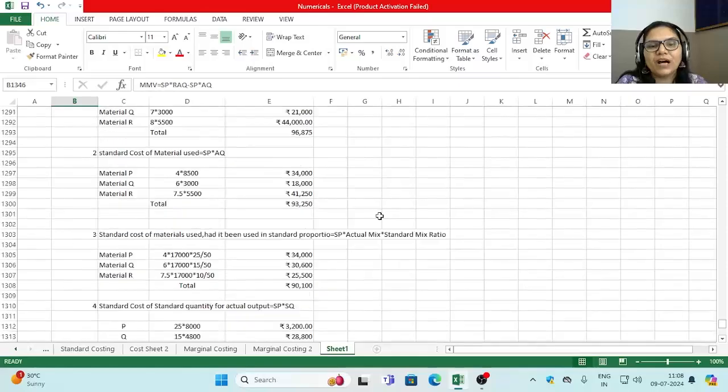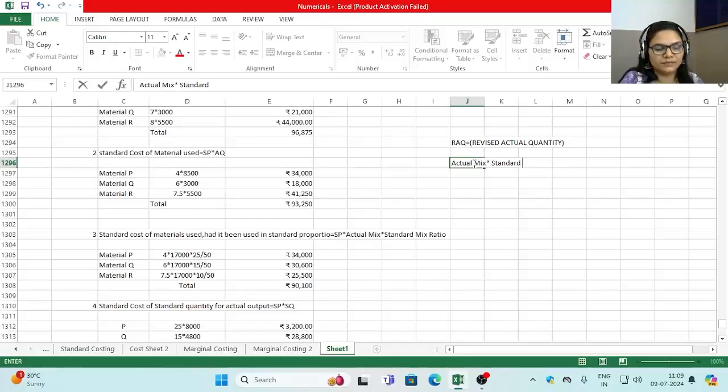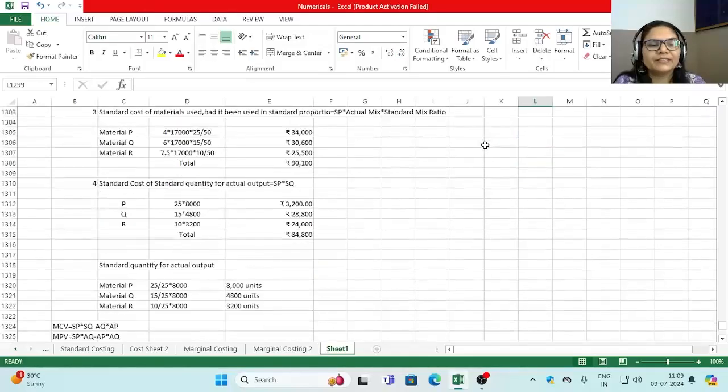So for your reference, let me write: RAQ is equal to revised actual quantity, and the formula for revised actual quantity is actual mix into standard mix ratio.